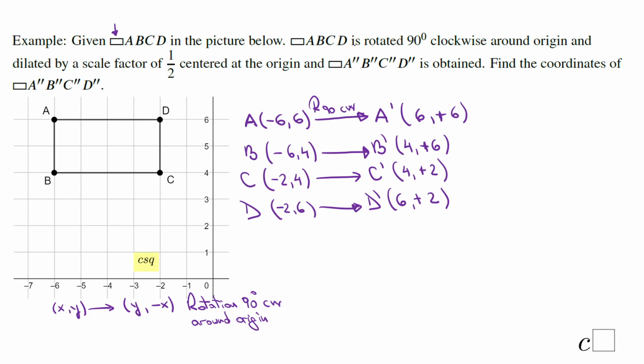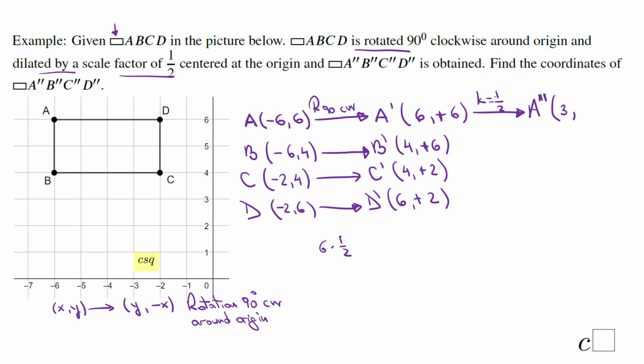Now we have the next transformation, dilation by a scale factor of 2. So if you remember, what is the rule there? We multiply by the scale factor 2. So what do we get for A double prime? We have 6 times 2, 6 times 2, that would be 12.